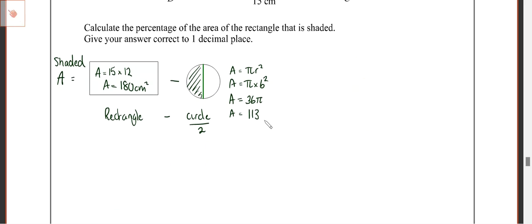You say 113.097. So that's the area of the entire circle, but we only want half the circle, so that would be 113.097 divided by 2, and you get 56.55.